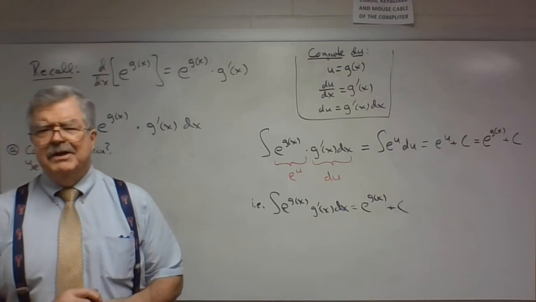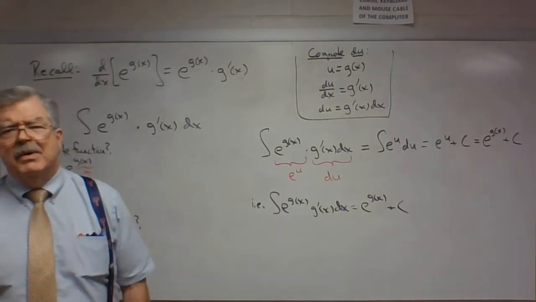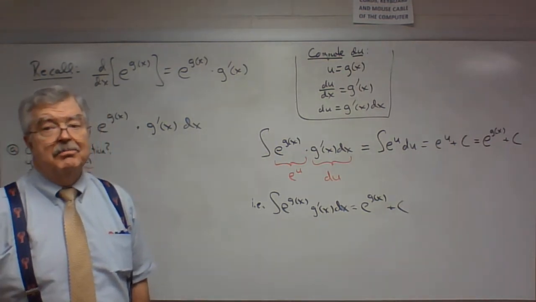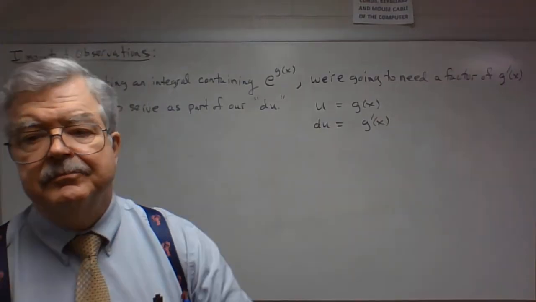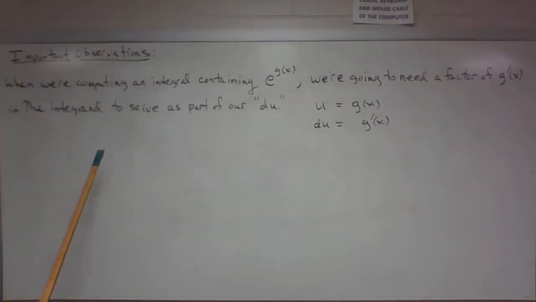Now, we're not really going to analyze it this way when we do it, but we want to go through the mechanics of it so that we can take away some important points. Important observations.